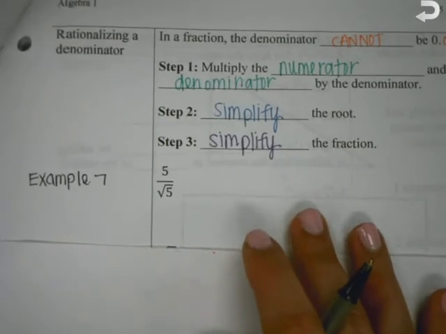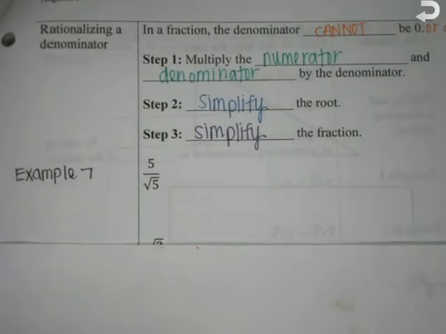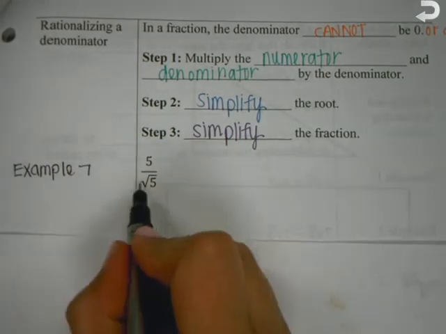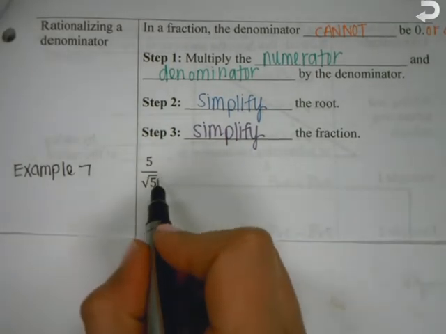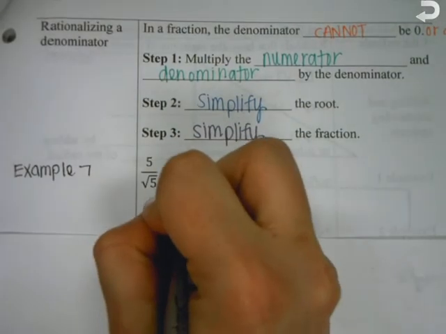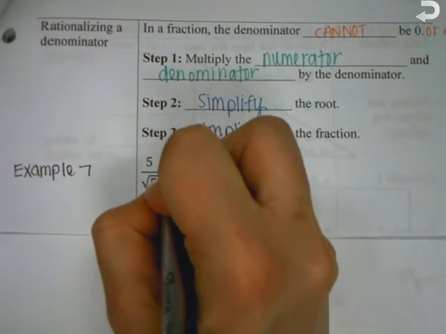Can I have that? Is this allowed or not allowed? Not allowed because there is a root in the denominator. So what we're going to do is rationalize, which means I multiply the bottom by square root 5, and I multiply the top by square root 5. Whatever is in the denominator, I multiply.